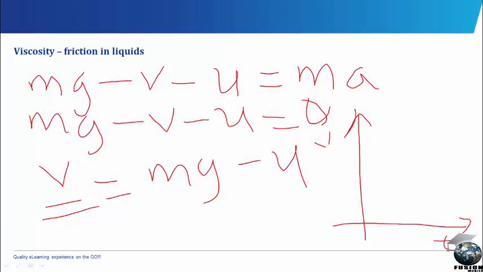If I'm plotting it in a graph, at this point we still have acceleration, and when it gets to a point here, it will come this way. That means this point is known as our terminal velocity, while at this point we still have acceleration.